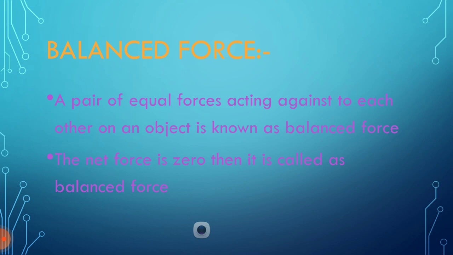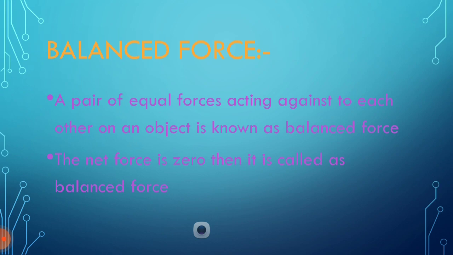Balanced force. What is balanced force? If the net force is 0, then it is a balanced force. What is net force? Take an object, a cube. For force, the unit is Newton.